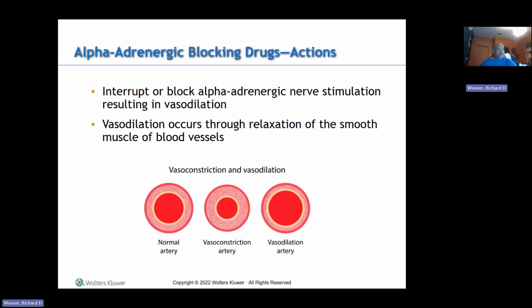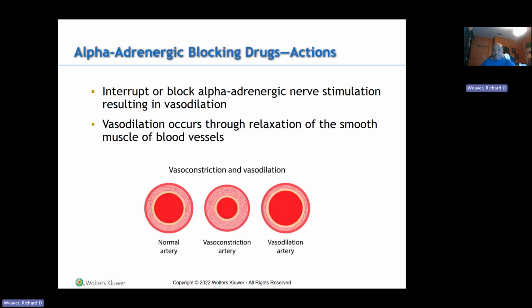Right. Now, vasodilation occurs through relaxation of the smooth muscle of the blood vessel. Remember, I showed you in class that you've got these three different layers of the artery. Well, that middle layer is the smooth muscle portion of the blood vessels, and that is where the receptors are, and that is what the catecholamines stimulate, those receptors located on the smooth muscle part of the artery.